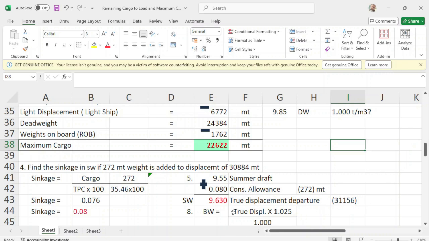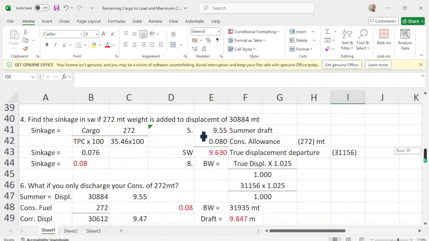Now you convert this drop to brackish water. This is your salt water of 9.63, or your true departure displacement of 11156.